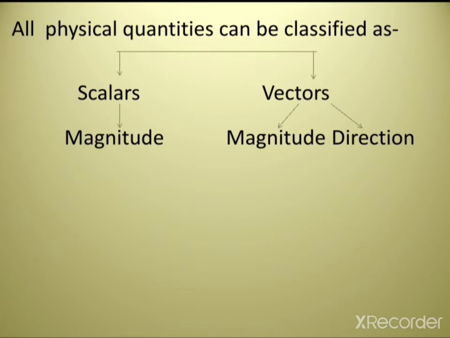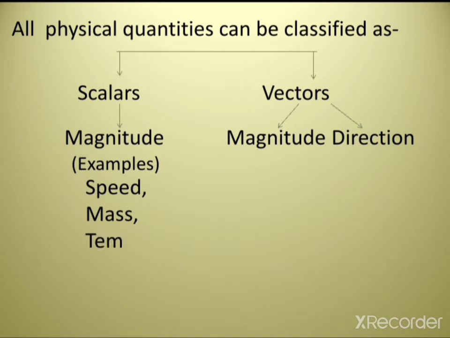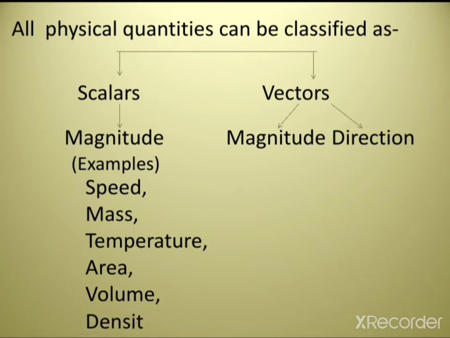Some examples of scalar quantities are speed, mass, temperature, area, volume, density, etc. You will get a large number of such quantities that can be classified as scalar quantities.